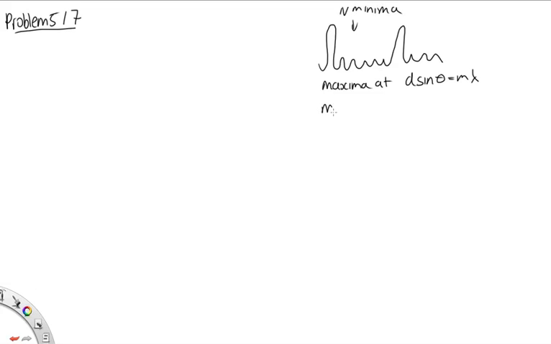So the minima are found at d sine theta equals m lambda over N. So let's let this maxima be at sine theta equals m lambda over d, and this one here is at sine theta equals m plus 1 lambda over d.